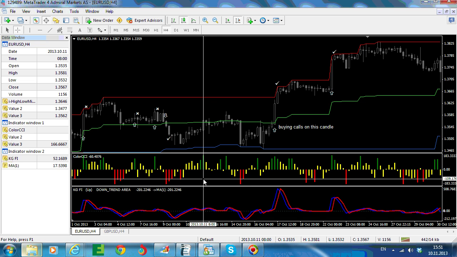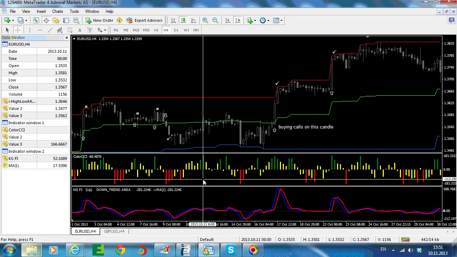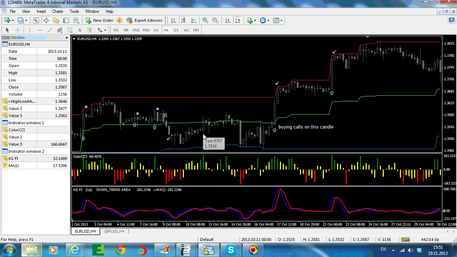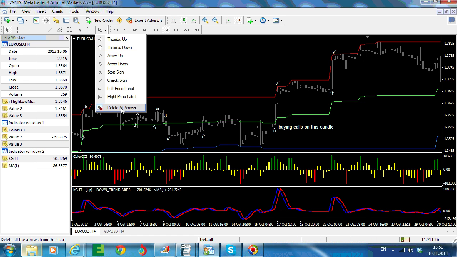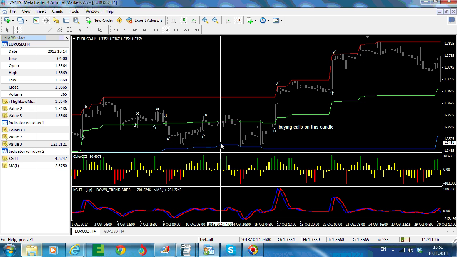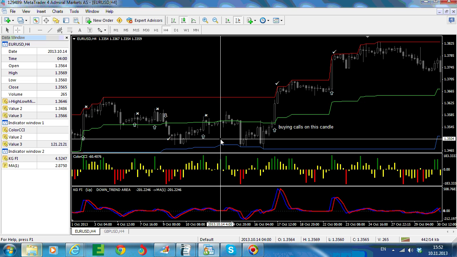This would be a valid signal, and normally we should buy here. We should buy calls with the expiration being the very next candle, and this is a loser. Then moving on, I would skip this one as price is right on the border there.